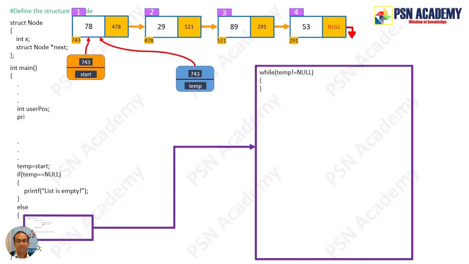And we will check one variable, user_pos, where the user will provide the position of the node to be deleted. Suppose the user wants the first node to be deleted.